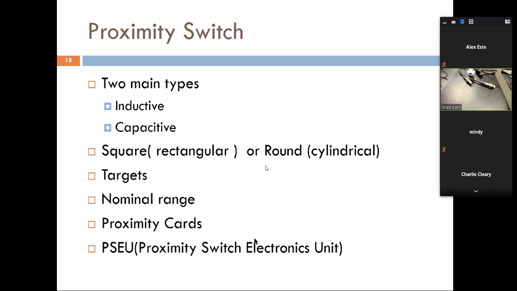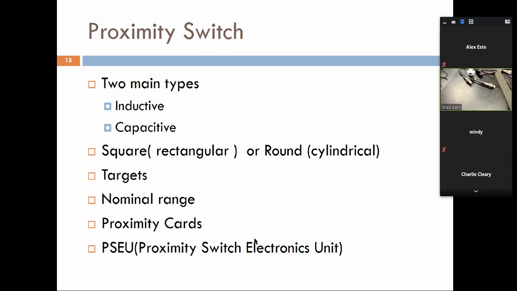The two main types are inductive and capacitive. They can be rectangular or square, and the round ones, the ones that I showed you. Some common terms: the target, so it's looking for the target; the nominal range between the target and the sensor.